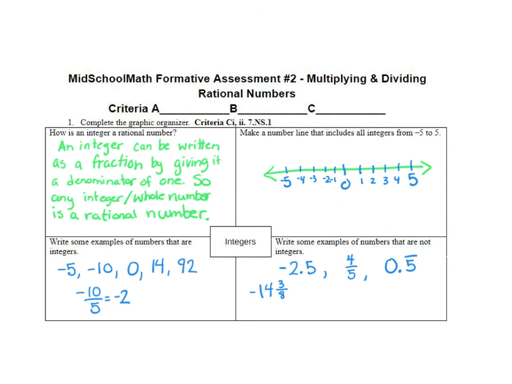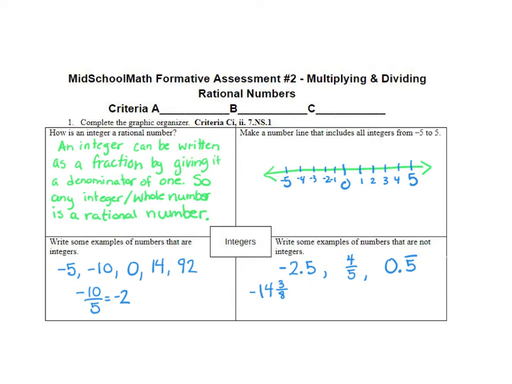So how is an integer a rational number? An integer can be written as a fraction by giving it a denominator of 1. So any integer or whole number is a rational number. You could also say that every integer is a rational number because they're all whole numbers.